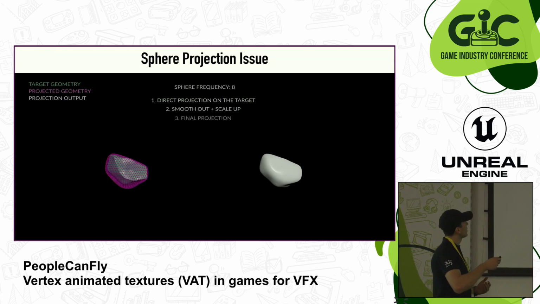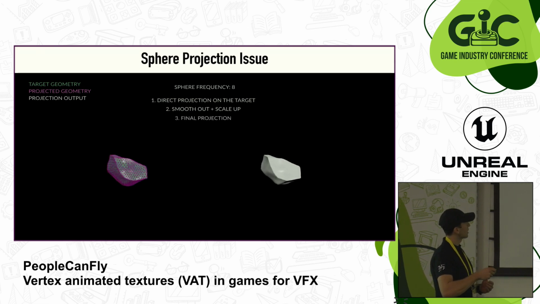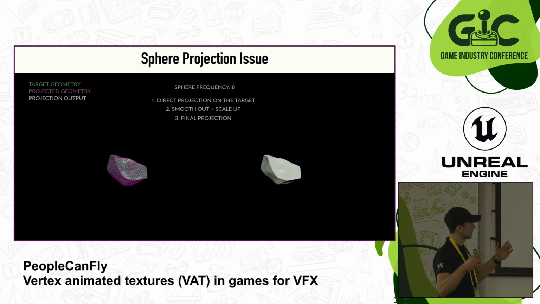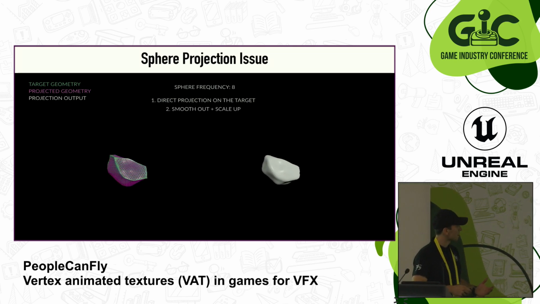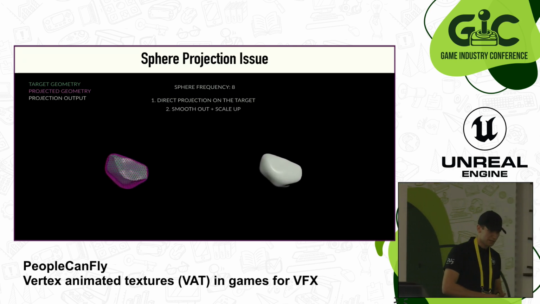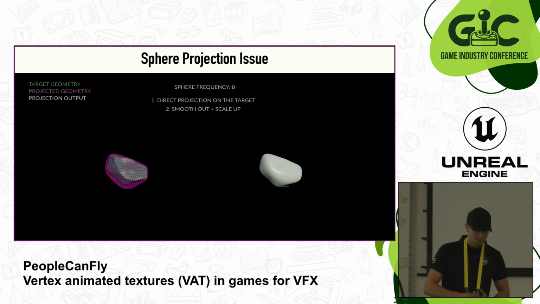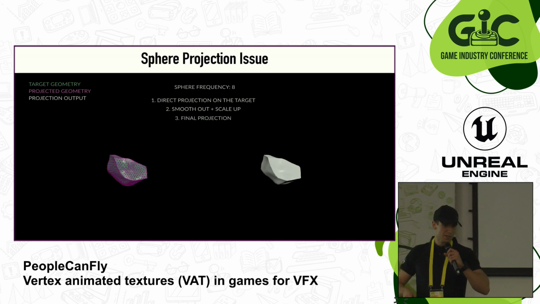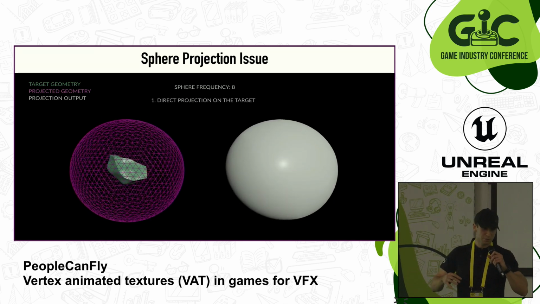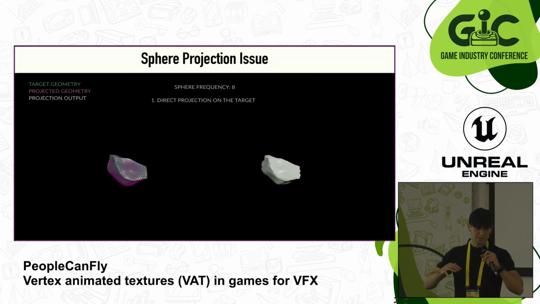You can see it here. We have a first step where we have a direct projection on the target. This is where we are attacking the target from a sphere geometry. Then we have a second step, where we're not projecting directly from the sphere to a target piece.